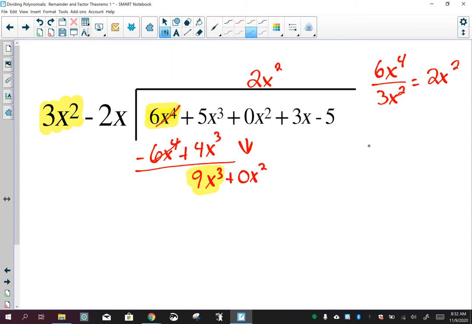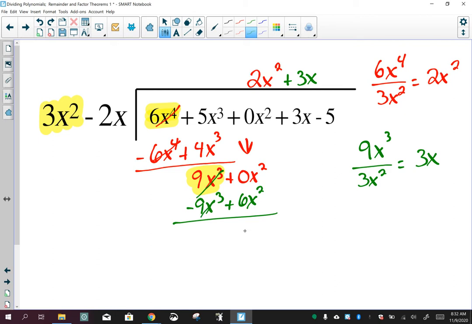So I wind up with 9x cubed divided by 3x squared. And that winds up with 3x. So that goes here. Multiply, change your sign. That gives me a positive 6x squared. That goes away. Bring down my next term.